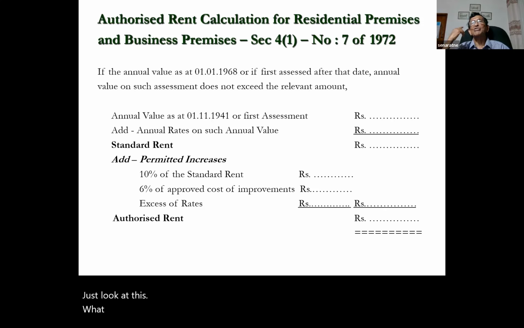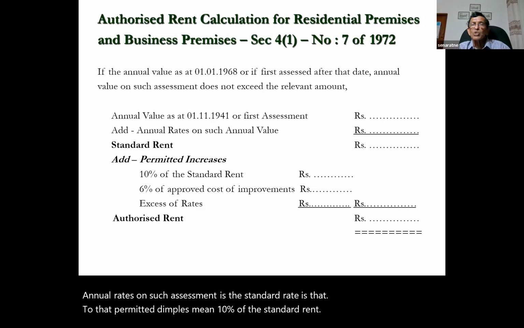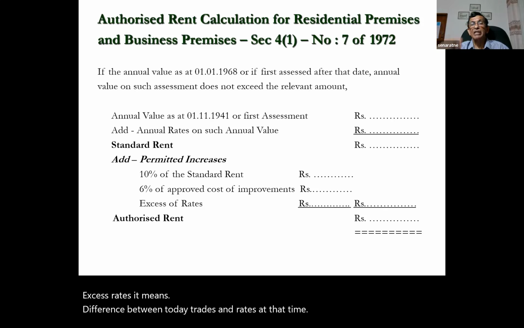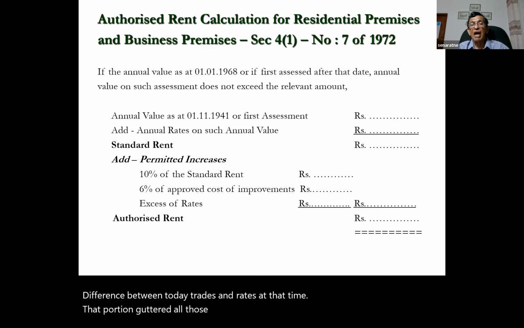What will be the authorized rent if the property is constructed in the 1940s? The annual value as at 1/11/1941 plus annual rates on such assessment is the standard rent. To that, permitted increases mean 10% of the standard rent plus 6% of approved cost of improvements plus excess rates. It means the difference between today's rates and rates at that time. That portion you have to add. All those three things are coming within permitted increases. Then when you add the permitted increases to the standard rent, you get the authorized rent assessed.